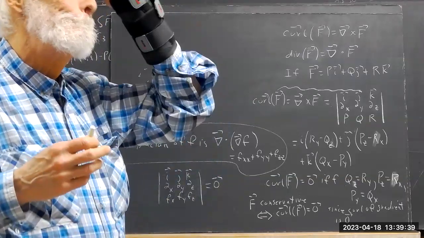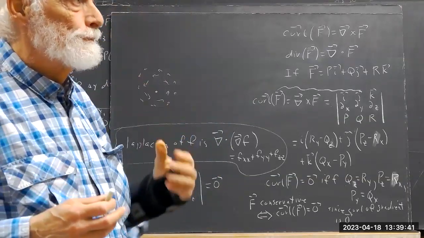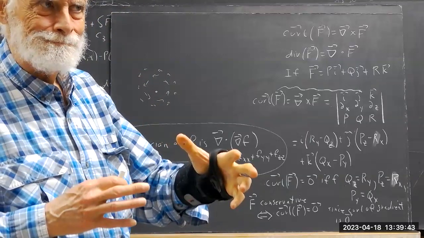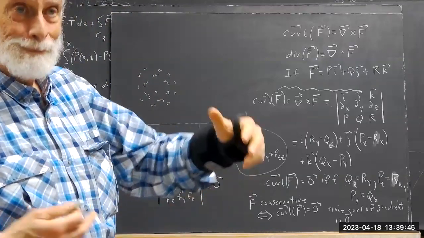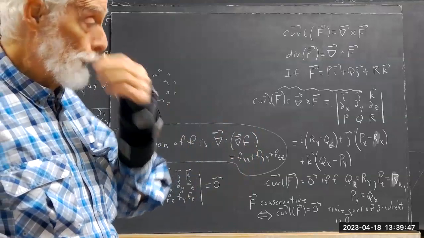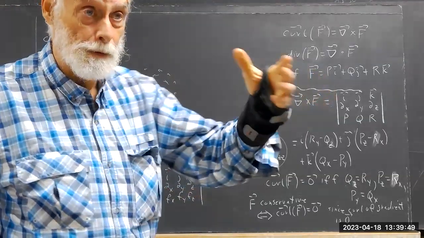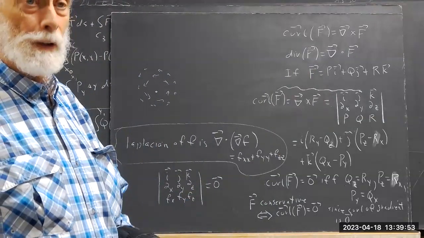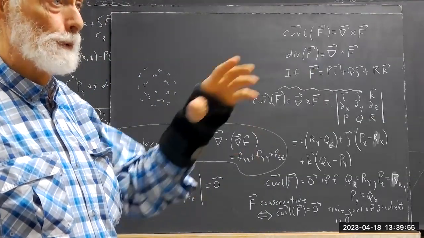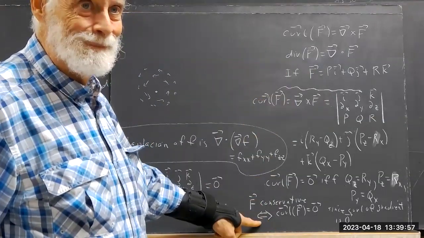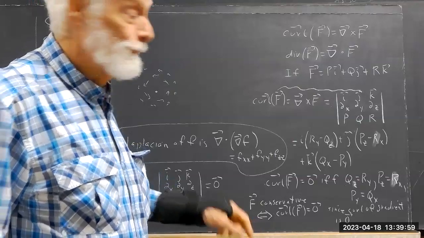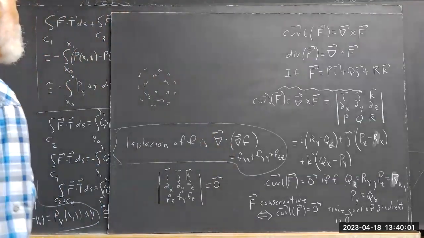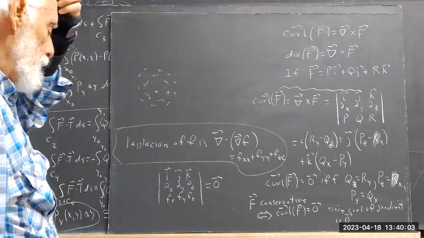So the curl is a measure of how much rotation there is. Whether it's an electric field or magnetic field, whatever, there's not going to be any rotation in the electric field that comes from a distribution of charge, because those fields are conservative. So that's kind of a neat thing.